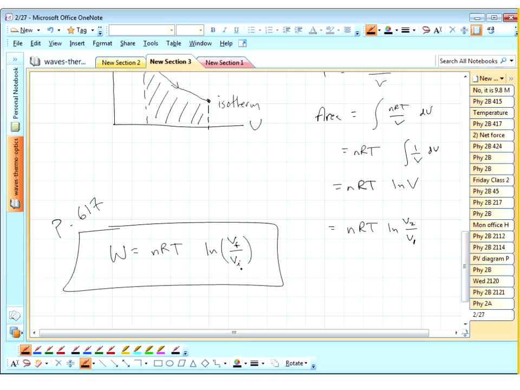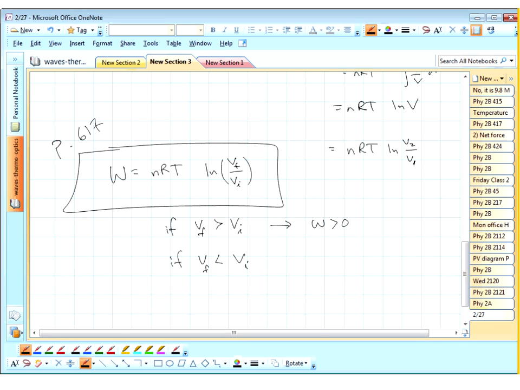If V final is greater than V initial, the work done should be positive, and the natural log of a number greater than 1 is positive. If V final is less than V initial, then we have the natural log of a number smaller than 1, which is negative, so the work would be less than 0. So it works out nicely. It gives you the right sign if you plug in the volumes correctly.